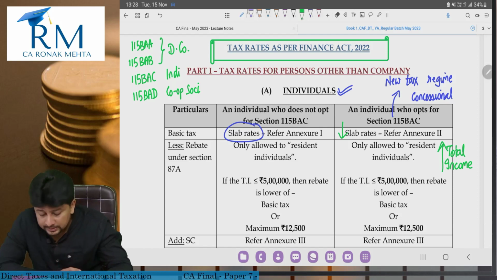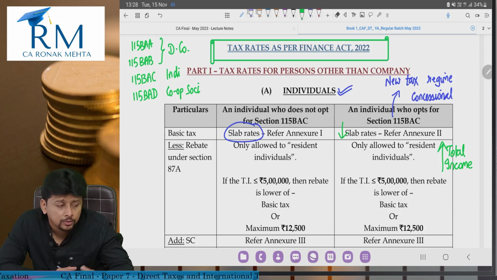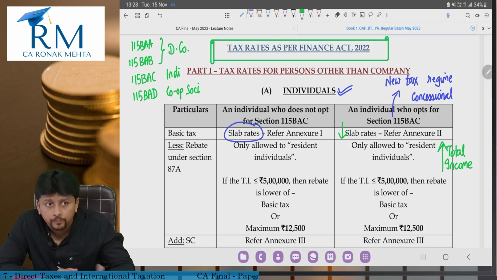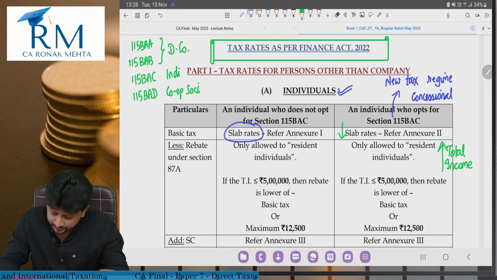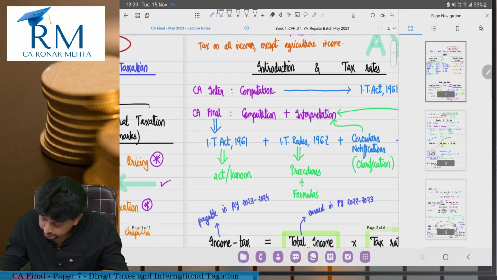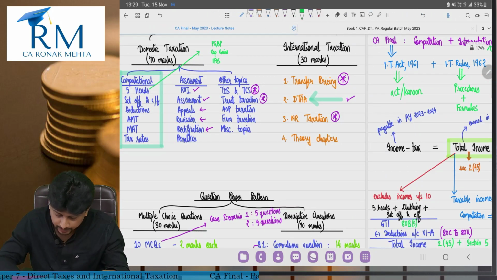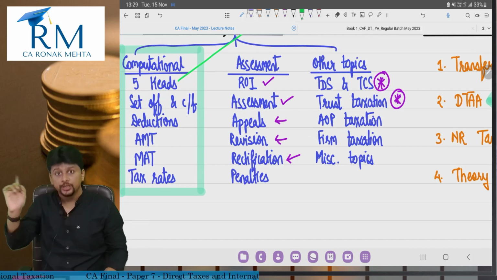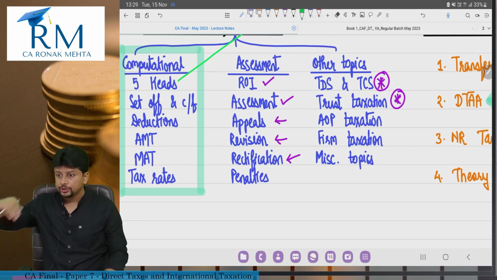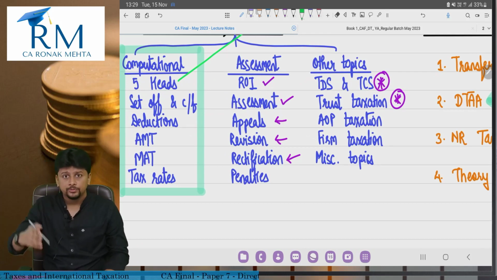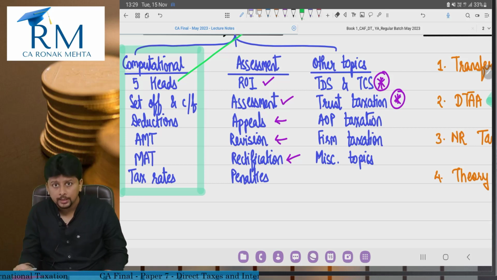These concessional tax rates we will be able to study only after we have studied the first part of our syllabus, that is the computation part. Because when you are paying tax as per concessional tax rates, certain exemptions and deductions are not allowed to you.